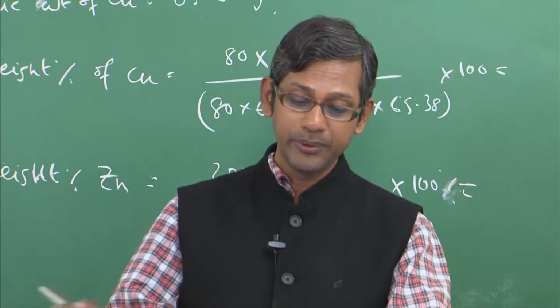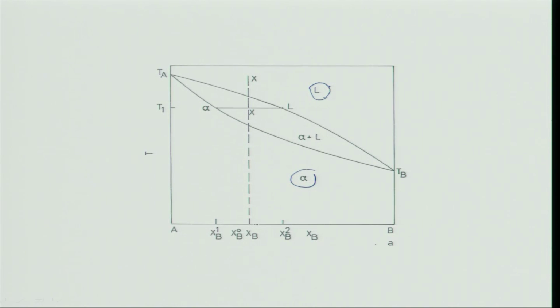If you see here again the same phase diagram, temperature versus composition axis plotted, we have three regions, liquid, alpha and alpha plus liquid. Now, when we have a single phase region alpha, or a single phase region liquid, it is very easy to apply the phase rule. Let us do that first.